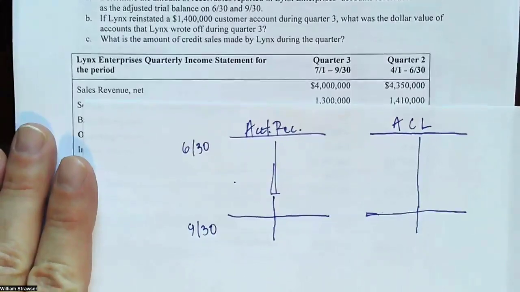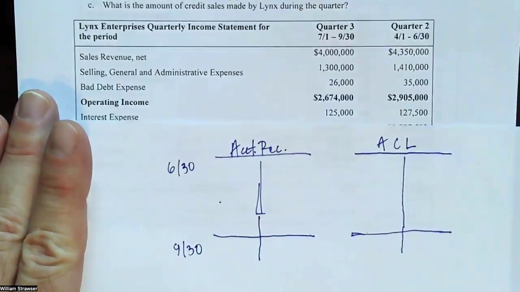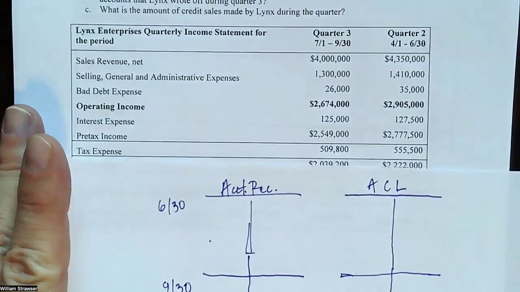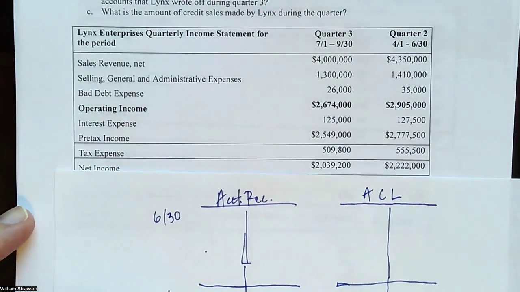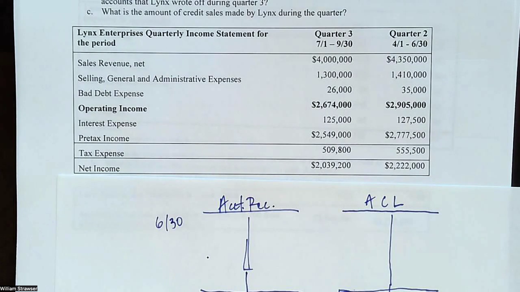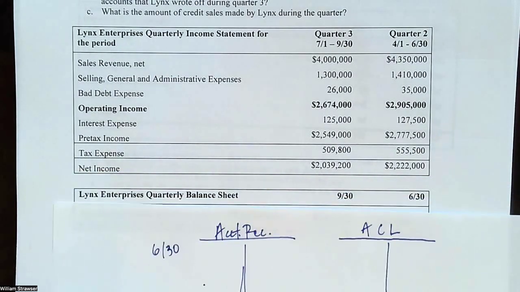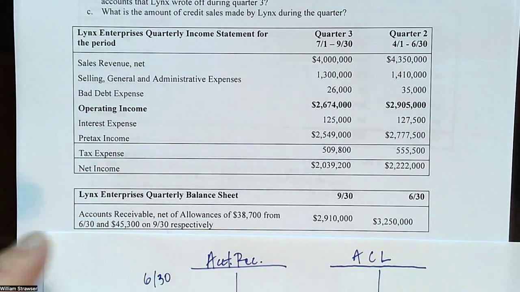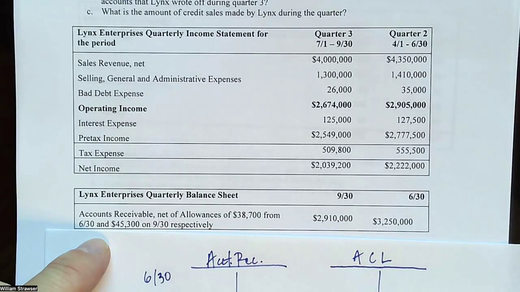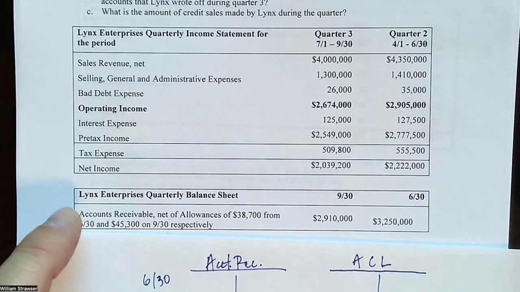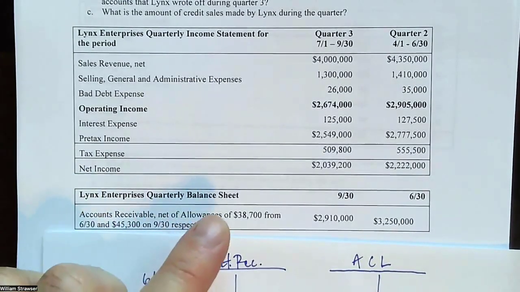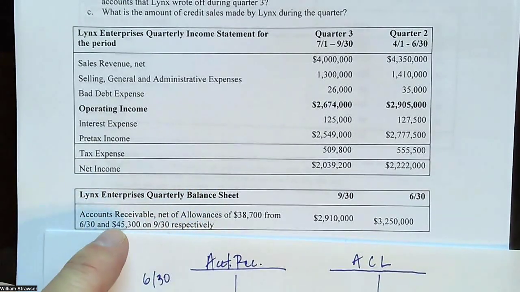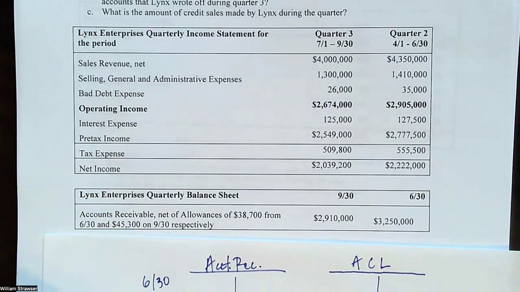So let's look at these financial statements. We have an income statement for both quarters with very specific accounts highlighted. Not at all how you would see one in the real world. There would be other pieces there, of course. Here is the balance sheet, and it's reporting accounts receivable net of allowances of 38.7 and 45.3 at the end of the second and third quarters.